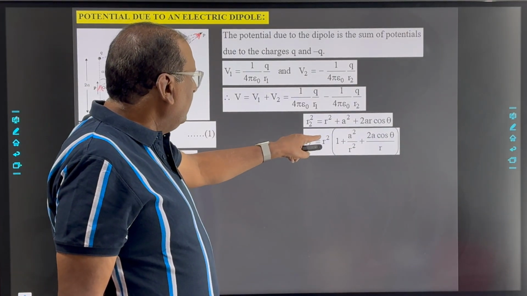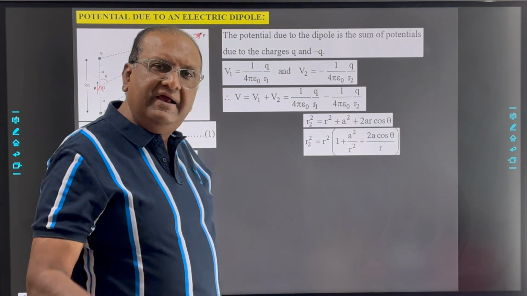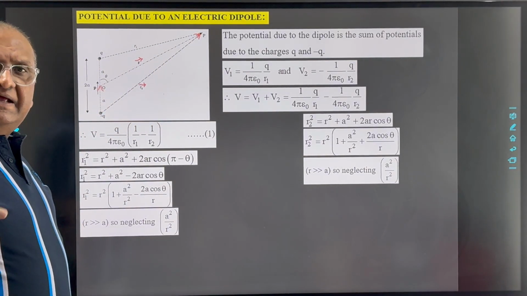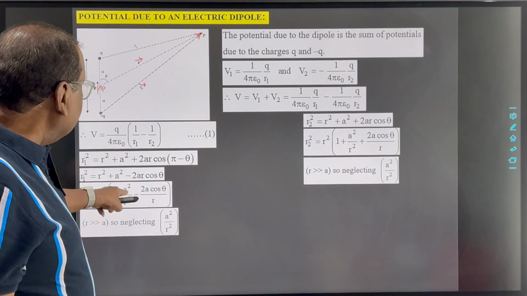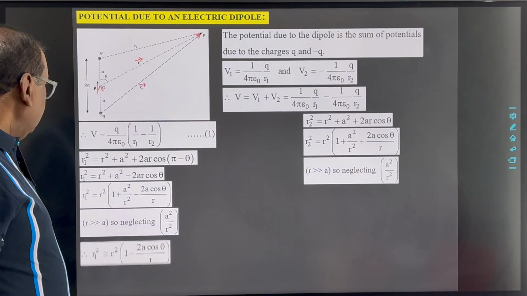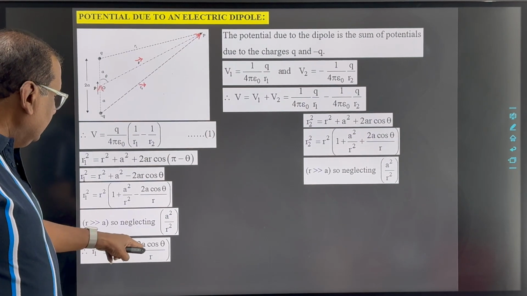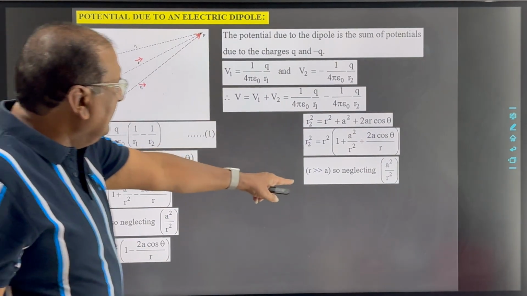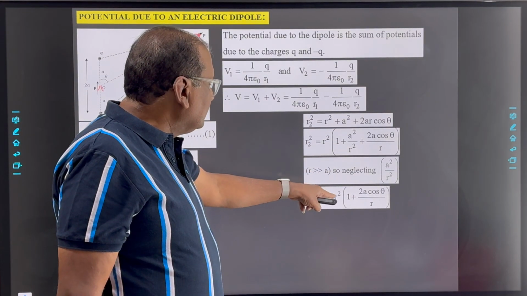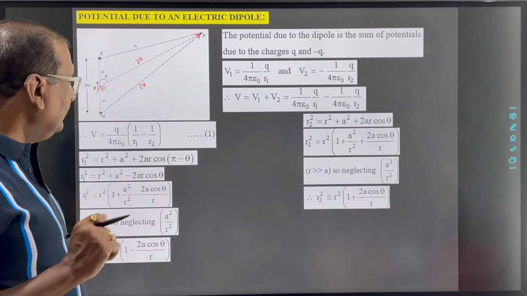So R2 square is equal to R square into 1 plus A square upon R square plus 2A cos theta by R. Now R is very much greater than A, so we can neglect A square upon R square in both these equations. So R1 square is nearly equal to R square into 1 minus 2A cos theta by R. Similarly R2 square is R square into 1 plus 2A cos theta by R. Clear up to this one?